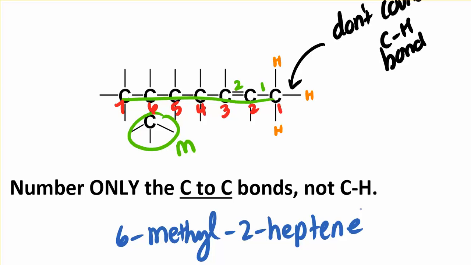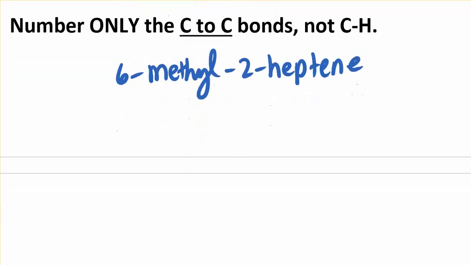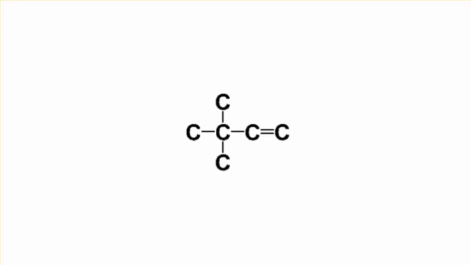Okay, so again, the double bond sets up the numbering for everything. Number your bonds first if there's a double bond, and then your branches. Let's try this one. Good time to pause and see if you can do it without me.